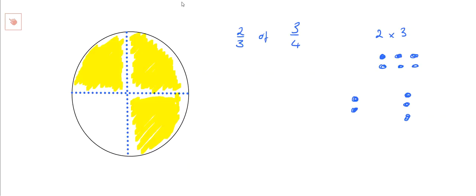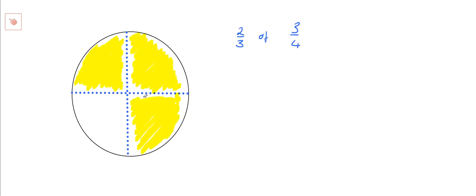So in the same way, if you draw 2/3 and then 3/4 and try and stick them together, it's going to be hard to understand. However, if I think of it as 2/3 of 3/4, that means I start with 3/4 and I want 2/3 of it. So the yellow, I've set up my 3/4, I've forgotten the other quarter, but it's still there.